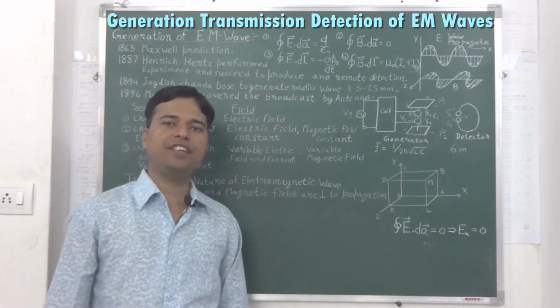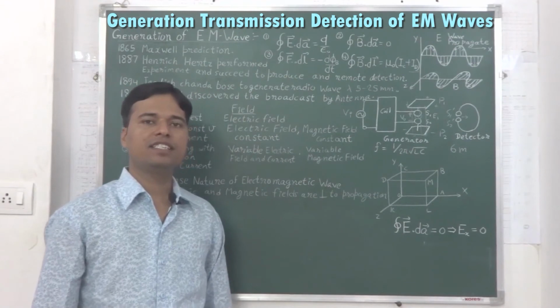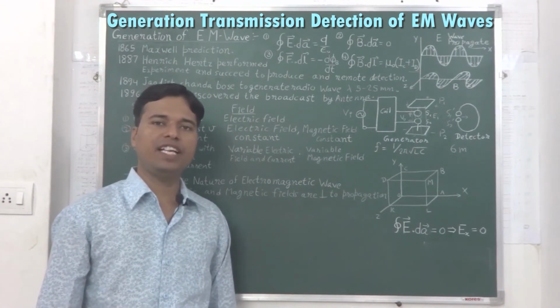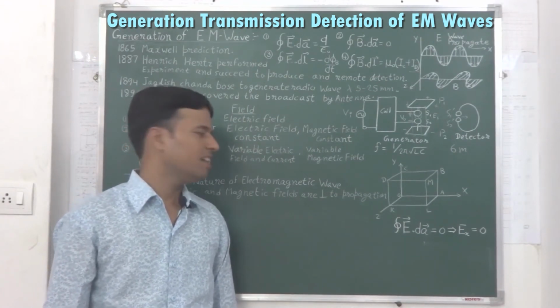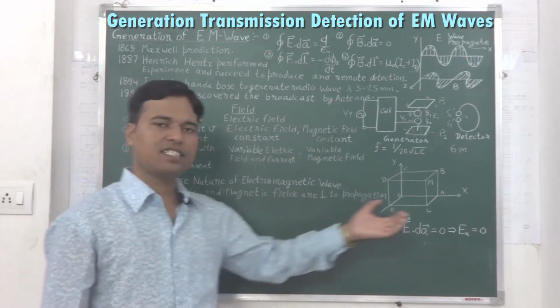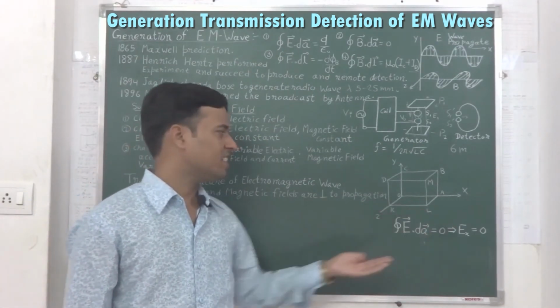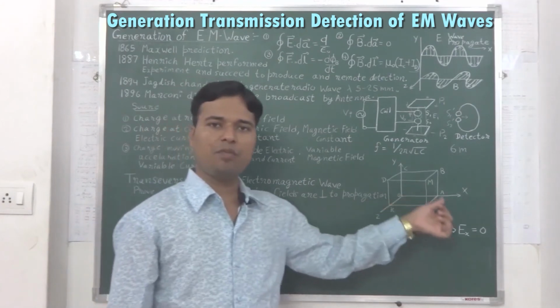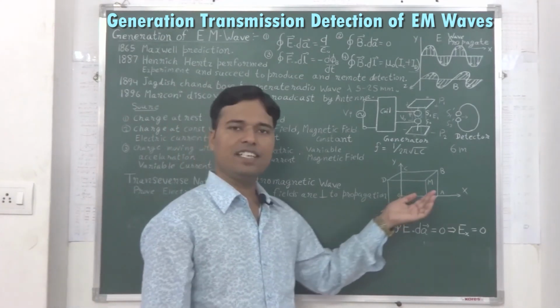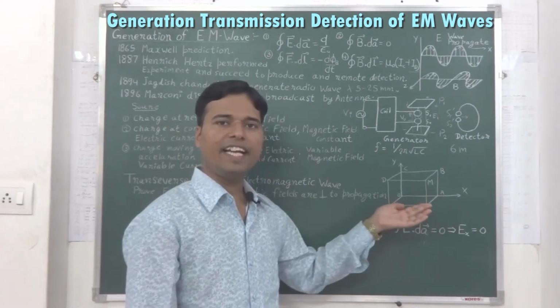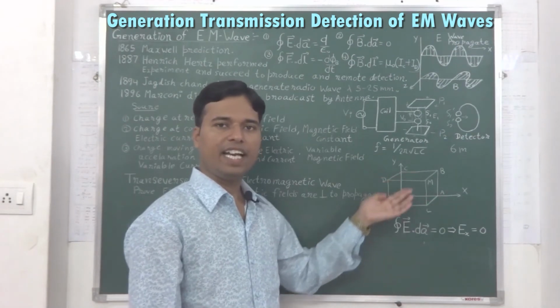Now dear students, we will discuss the transverse nature of electromagnetic waves. Here is a simple imagination. Here is a parallelepiped with its edges inclined with the x, y and z axes.